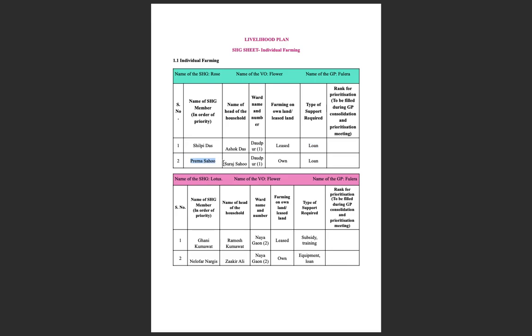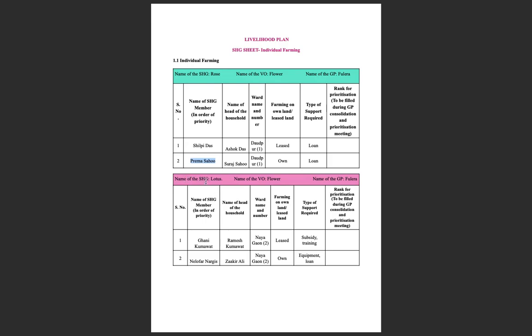Head of the household is Suraj Sahu. She also lives in Daudpara and the ward number is 1. She wants to do the farming on her own land, and the support that she needs is loan.